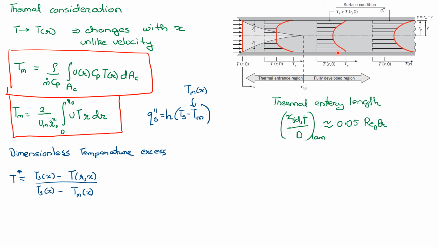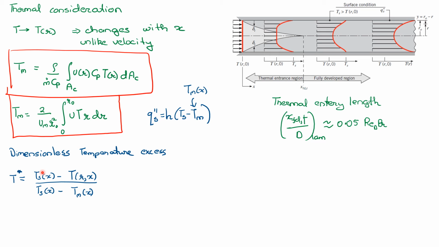So as I said, we need some quantity that should remain constant with respect to x, which will give us a relation something similar to du by dx that we had in our hydrodynamic boundary layer. So we define the dimensionless temperature.